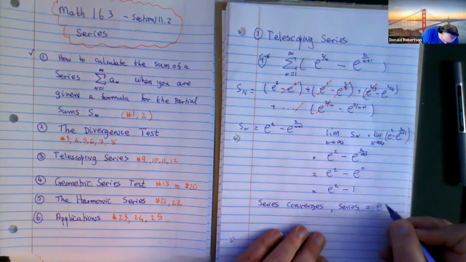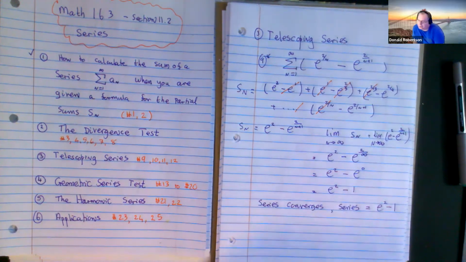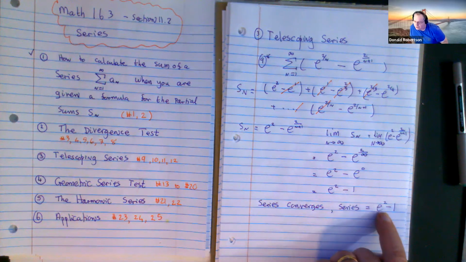Isn't the series equal to e squared minus 1? So the divergence test never told you things like that, right? But a telescoping series does. It's pretty rare for things to do that. There are a couple of ones, the geometric is another one, where not only do you get to tell if it's going to converge or diverge, when they converge, you even know what it is.